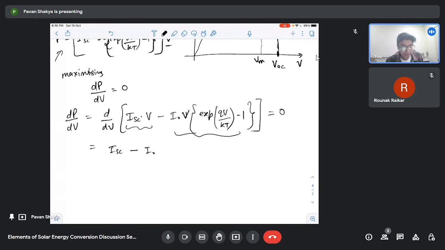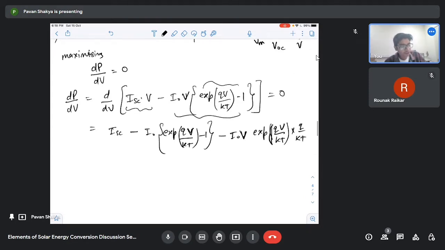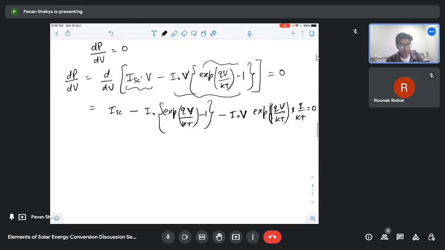So the first term will be minus I naught exponential of QV by KT minus 1, and after that we will differentiate the term inside this bracket. So this I naught V, when we differentiate this term, the differentiation of this part will be exponential of QV by KT multiplied by Q by KT. Okay, and this whole term will be equal to 0.